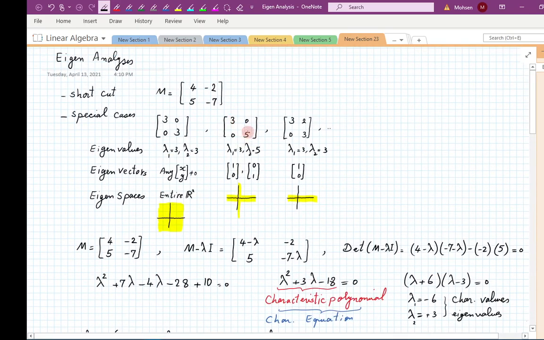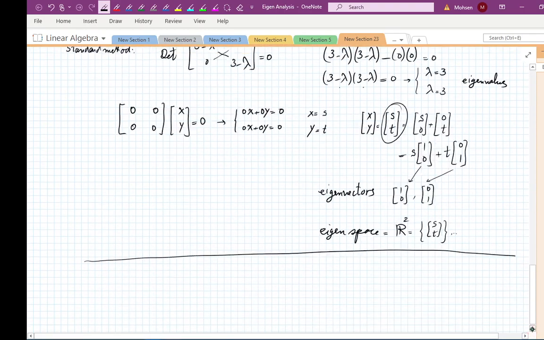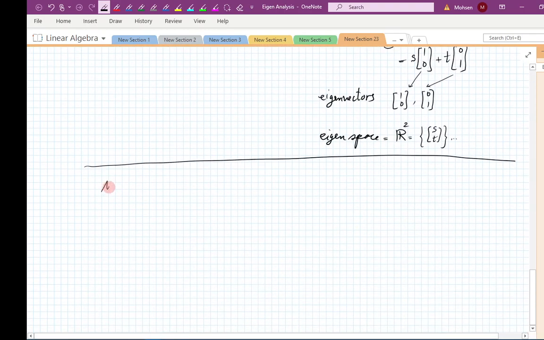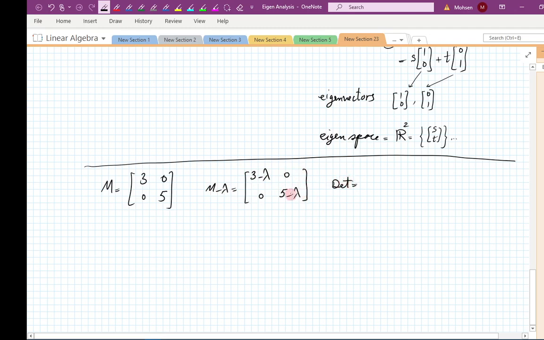So I have another matrix M, 3, 0, 0, 5. So M minus lambda. I'm going to gradually speed up and not say all the steps. Determinant of this, these two, those two.